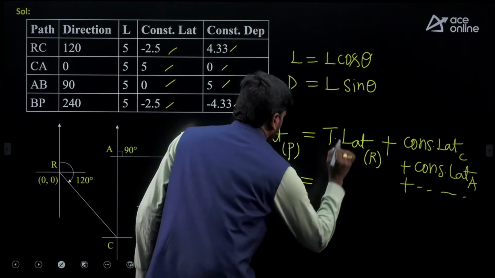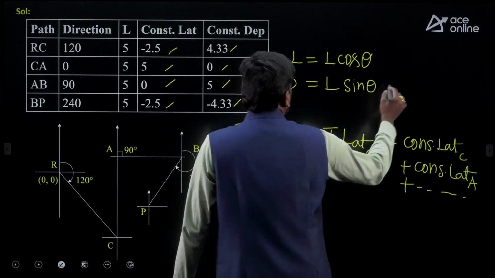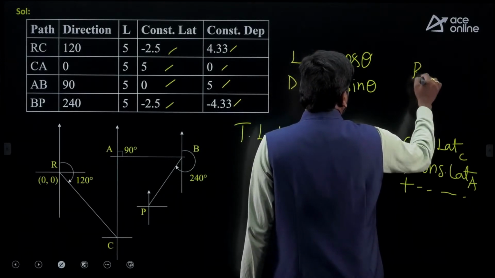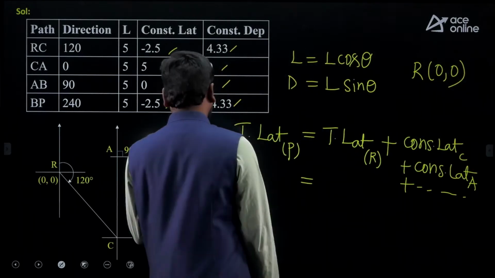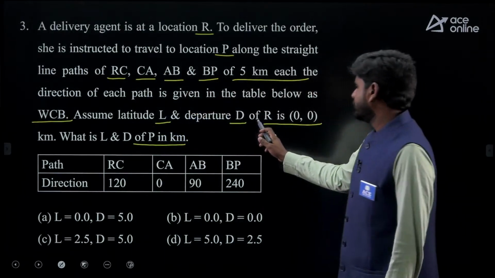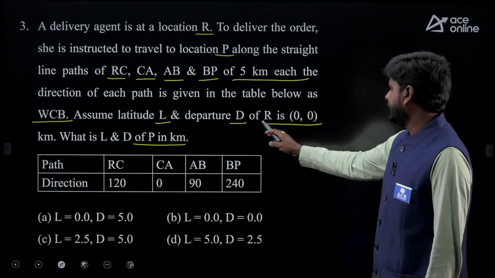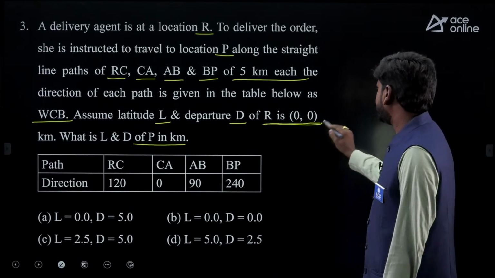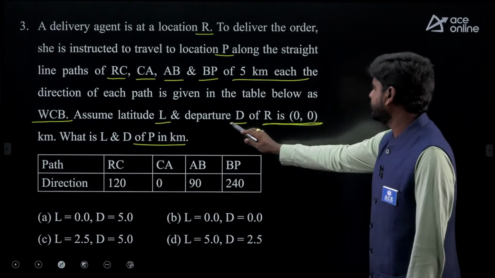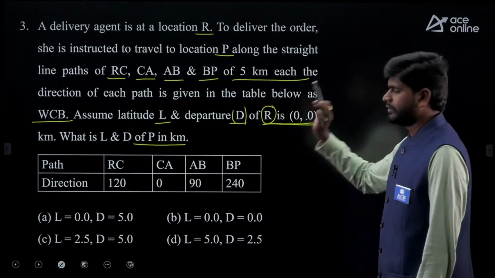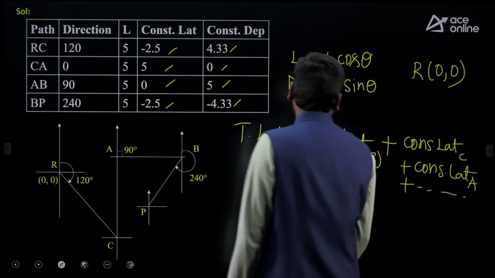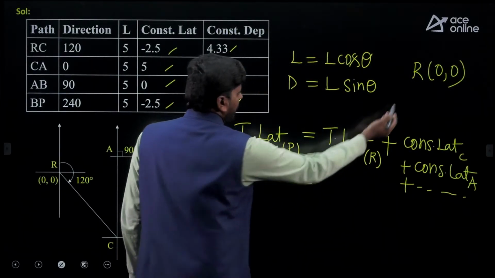Here the latitude and departure of R is given as 0, 0. Latitude L and departure D of point R is given as 0, 0, so the total latitude of R is 0.